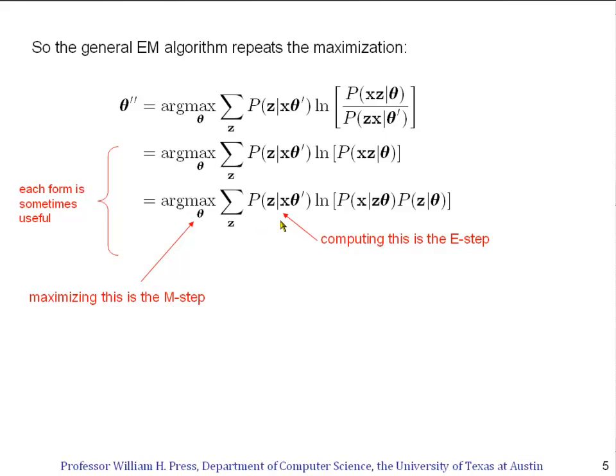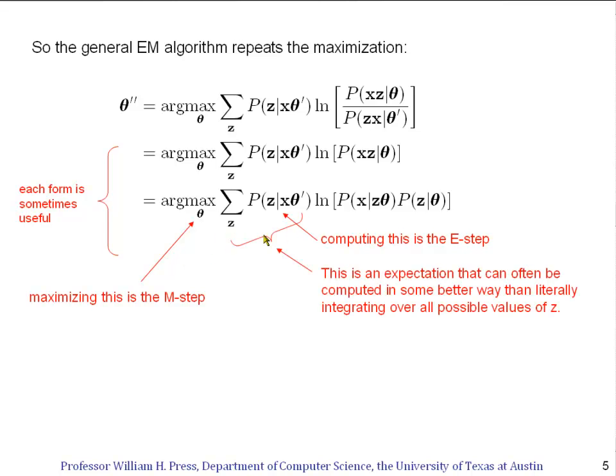The E step here is computing the expectation of a certain quantity, this log inside, over a certain probability distribution. And here's the probability distribution that we need. It's the probability of the missing data given the data that we see and given some guess as to the value of the parameters. So that's the E step. The M step for maximization is this outer argmax over theta, and maximizing this is the M step.